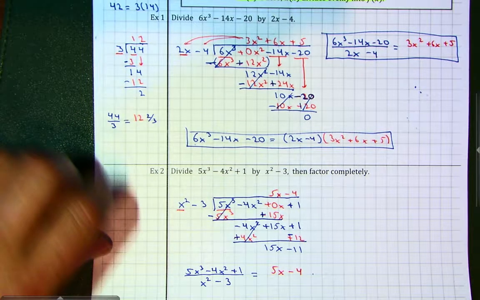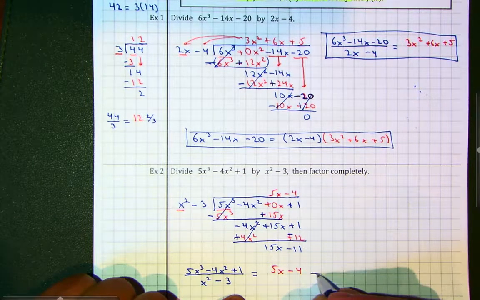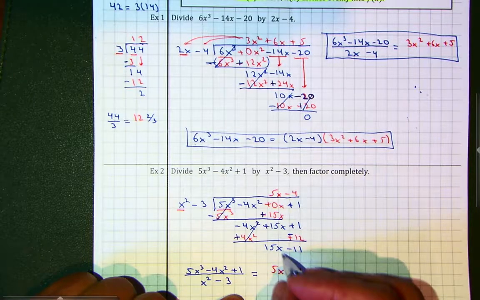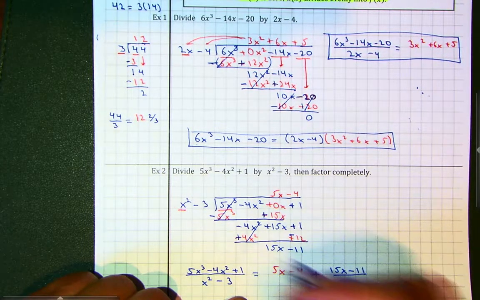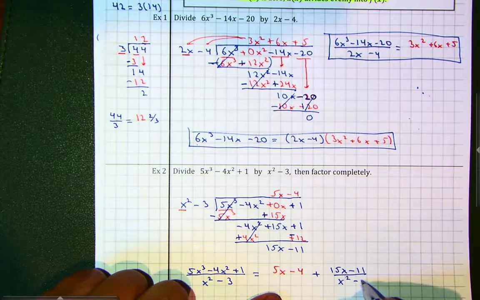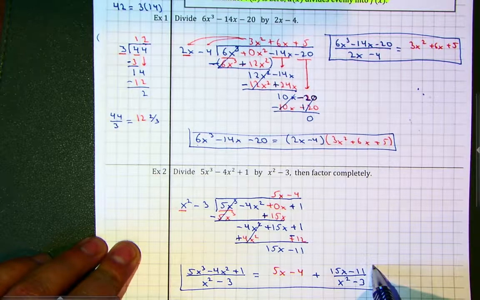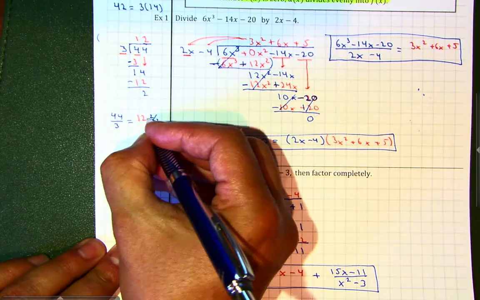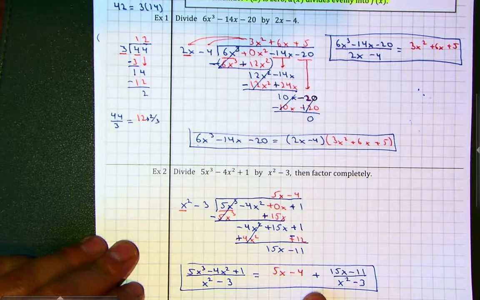So the same way that we're going to say that, this is 5x minus 4. I'm going to say plus 15x minus 11 over x squared minus 3. Now notice that ideally we should place a plus in here because it's not multiplying. We never do. But in this case, I do need to see the plus.